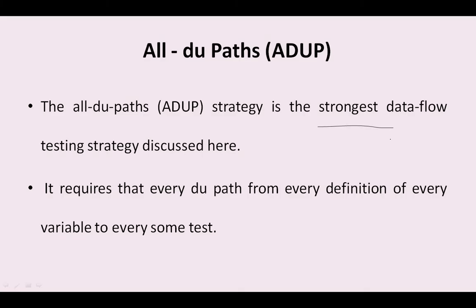That means after defining a variable using D, it must be dedicated to some use, and only after use will it be tested. That is all DU paths. Whatever is defined can be used for any purpose, and only then can it be tested. This is considered the default and the strongest data flow testing strategy.